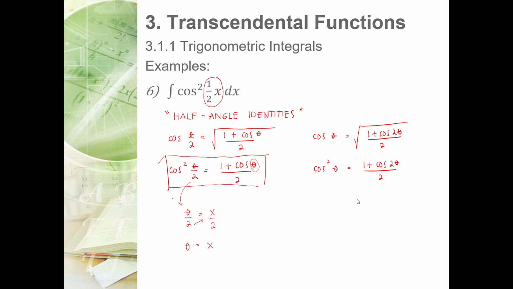So we can now transform the equation into a better looking, simpler version. Instead of cosine squared 1/2 of x, we converted it into its other format, right?